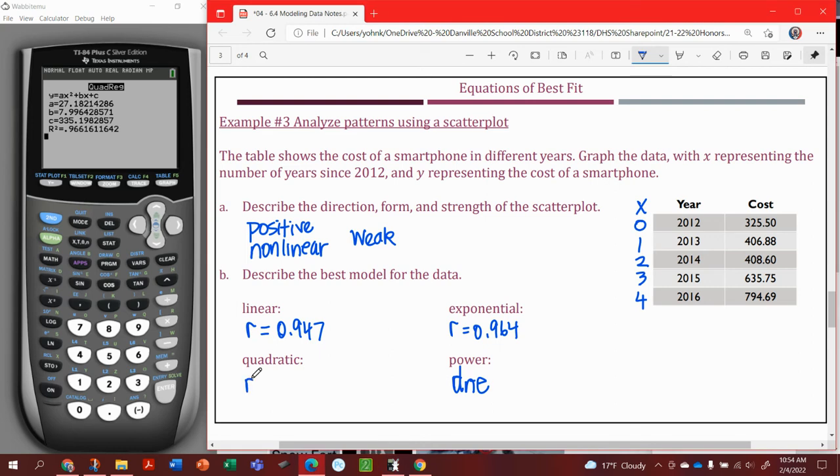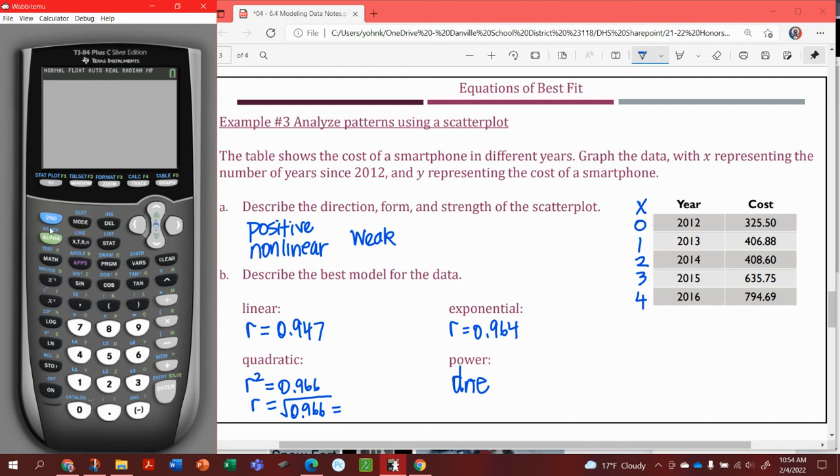So we have to take the R squared, which is 0.966, and we need to figure out what the R is. And to do that, I'm going to square root what I just copied down for R squared on my calculator. So I'm going to get out of this, and do second square root.